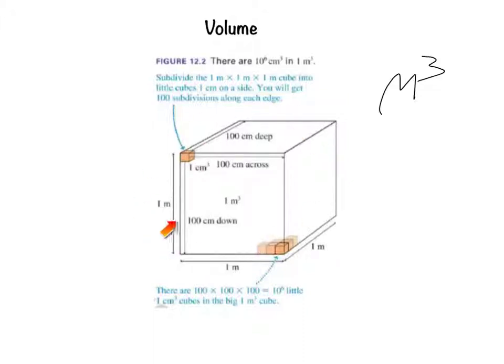The picture here shows that the volume conversion factor is 1 cubic meter equals 10 to the 6 cubic centimeters. So a liter is 1,000 cubic centimeters. So 1 cubic meter equals 10 to the 3rd liters. A milliliter is the same as 1 cubic centimeter.